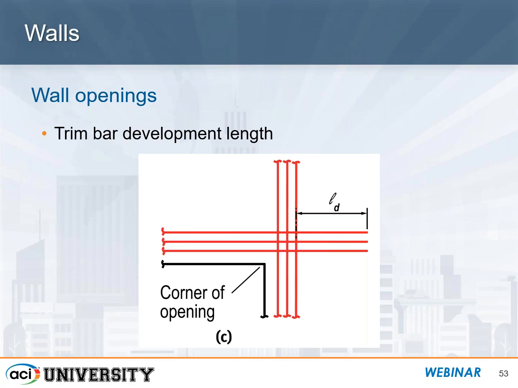So in general, those are your 3 typical ways. Looking at a particular situation, I should say, might give better insight, but having that preferred method, at least from the face of the opening, generally will give you more to work with respect to satisfying the development length of the trim bars.